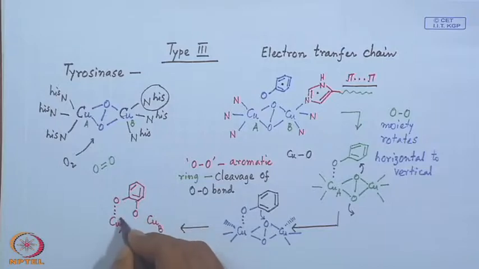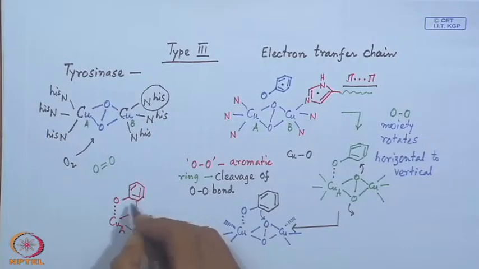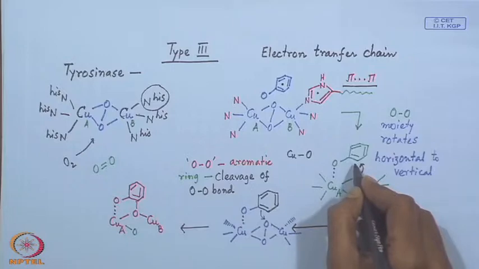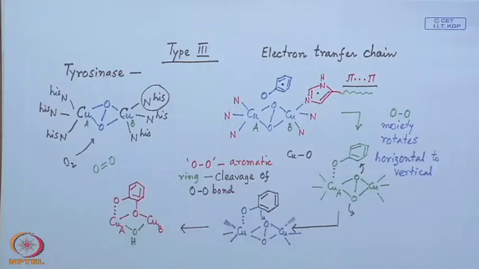This oxygen is now transferred to your aromatic ring, that means your phenyl ring, and this will remain as O, and if you have this, that means you have this CH bond here. So, this proton from here will transfer to this oxygen.